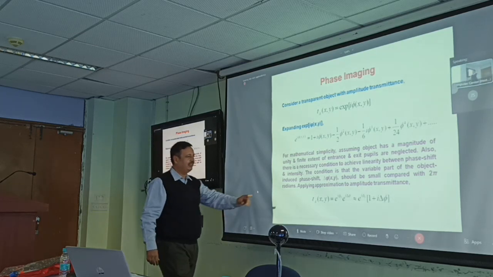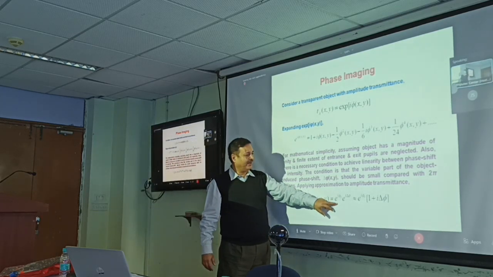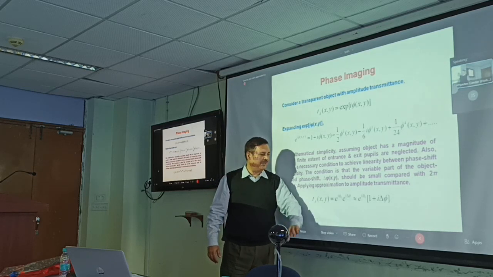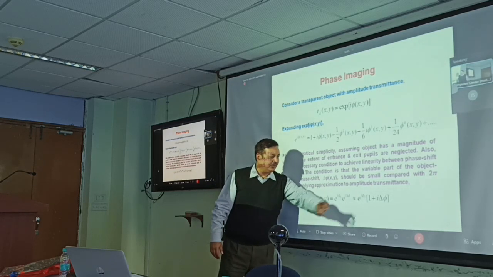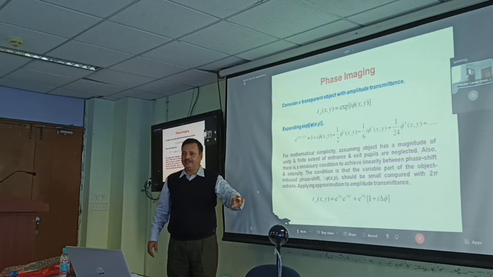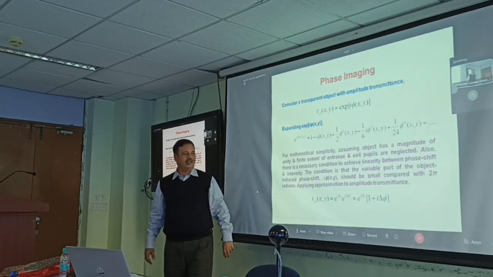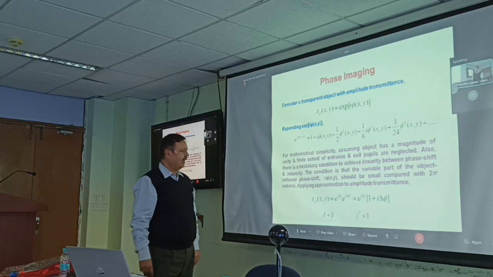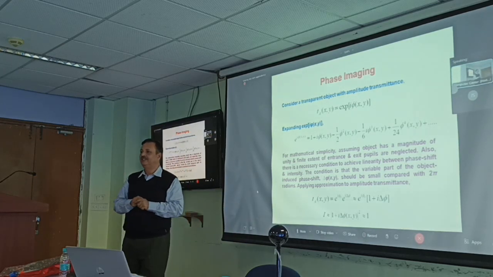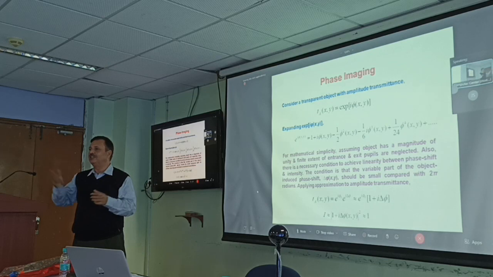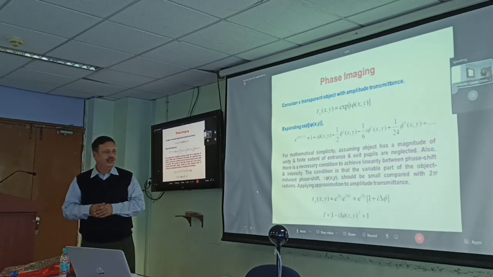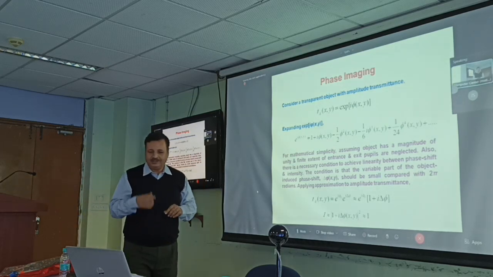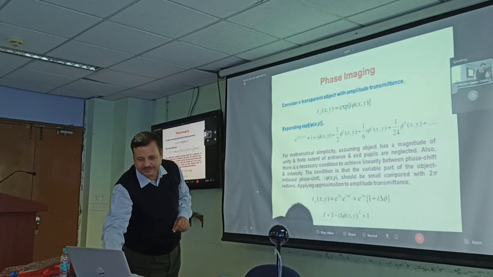If you apply this phase shift, you have e to the power i phi naught into e to the power i delta phi. Expand it, and it becomes e to the power i phi naught times (1 plus i delta phi). And if you take the intensity, it becomes 1 because the exponential term will go away. This is the main problem. So how to address this problem?